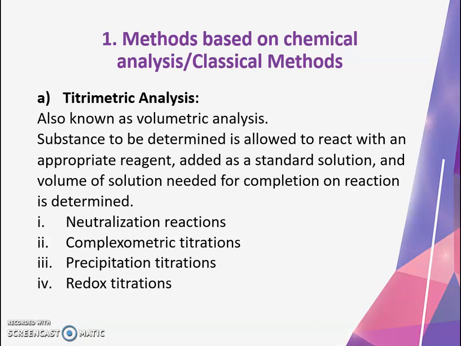So you have already performed titrations in 12th. Here two reagents are involved. One is titrate and another is titrant. So the volume of the titrant required to neutralize the titrate is measured.